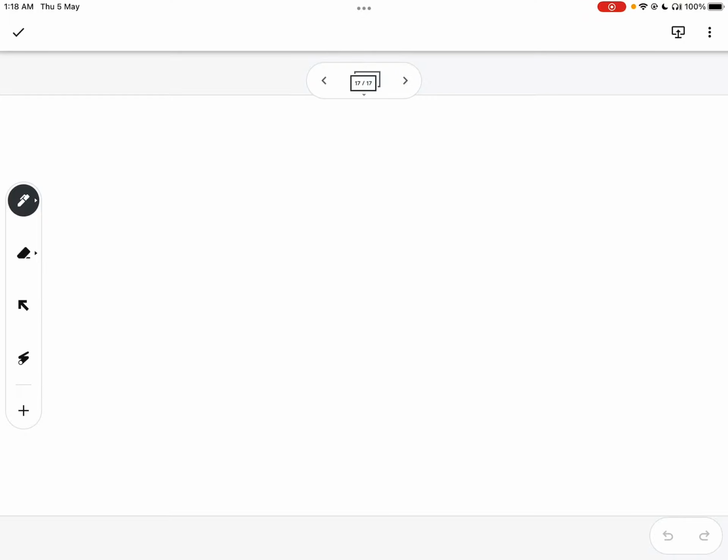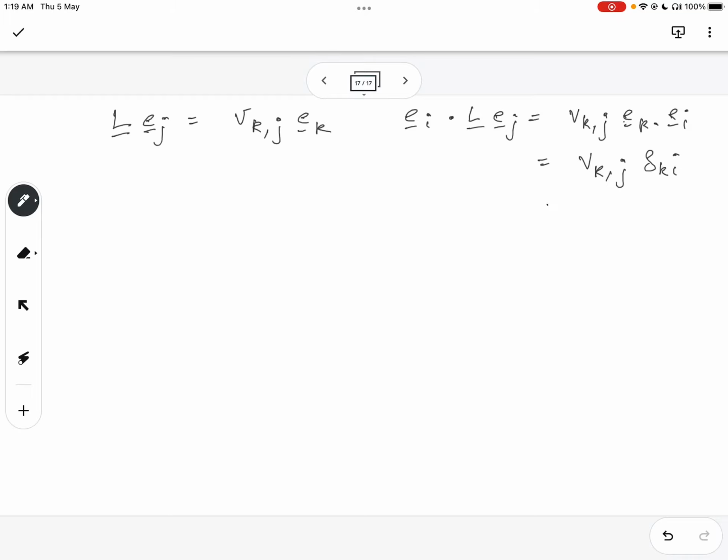So going on, as L ej is v k comma j ek, taking a dot product with ei, ei dot L ej is v k comma j ek dot ei. This is v k comma j del ki, which is nothing but v i comma j.